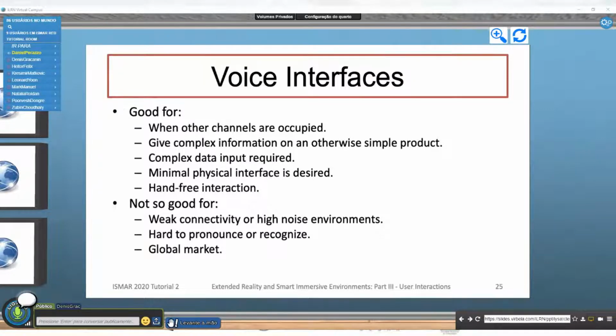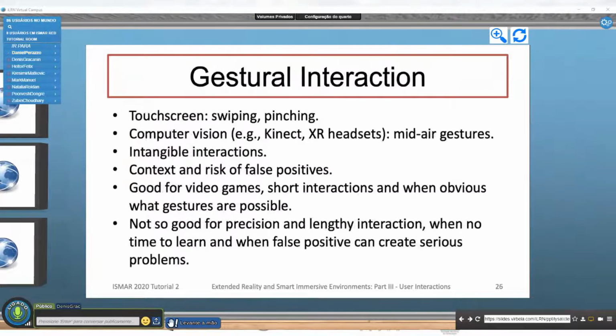But other than the microphone, there is no need for any physical interface. The downside, of course, is the problem with high-noise environments, problems with accents or recognition of them, and dealing with the international market.